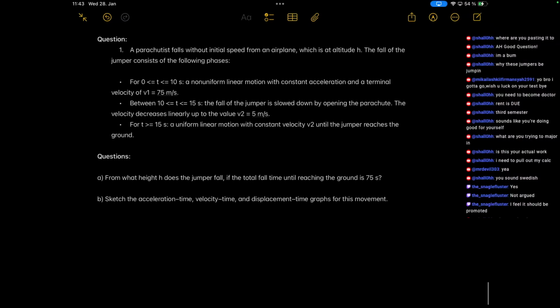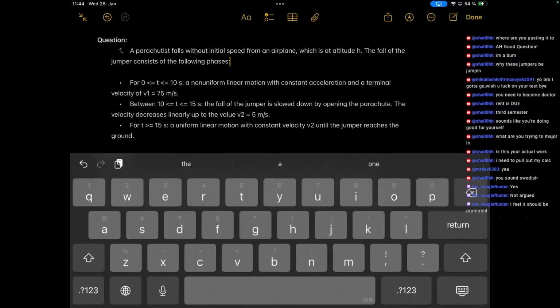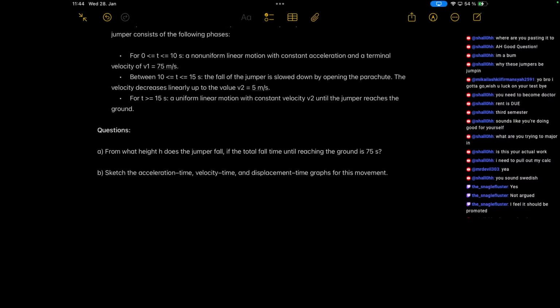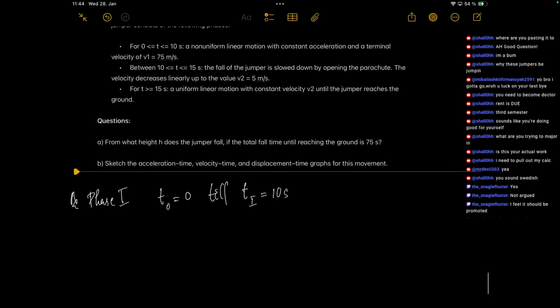What do we have? A parachute falls from the airplane with initial speed zero. Phase 1: time t0 equals 0 till t1 equals 10 seconds.